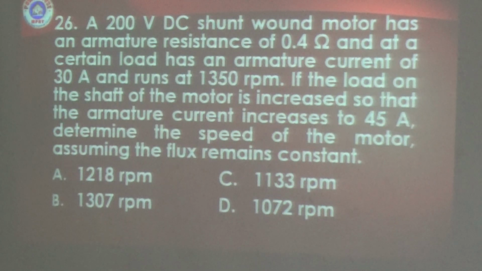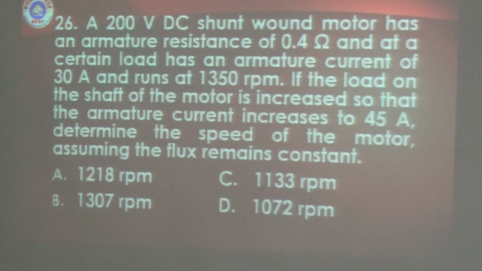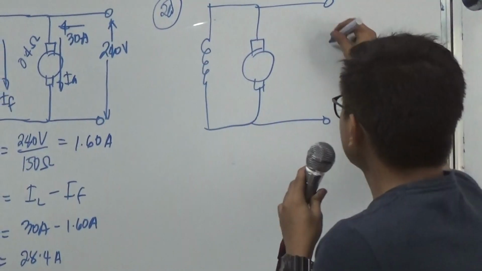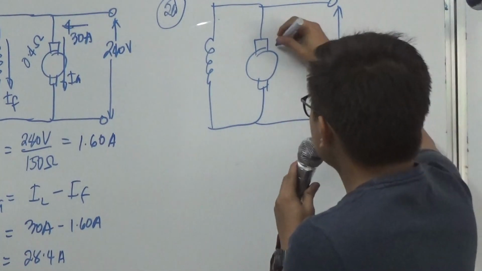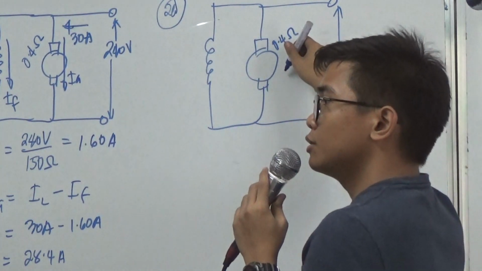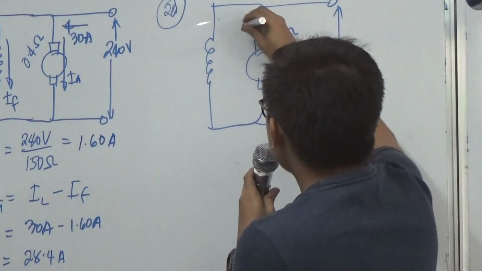26. A 200 volts DC shunt wound motor has an armature resistance of 0.4 ohms, and at a certain load, has an armature current of 30 amps.